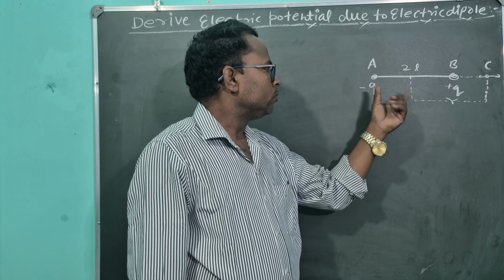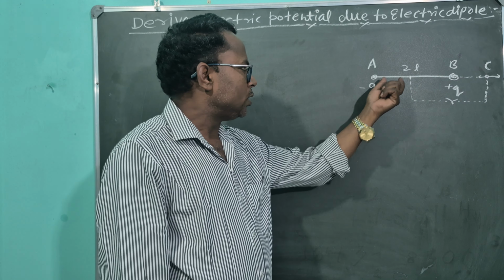Here, the effective length of the electric dipole is 2L.